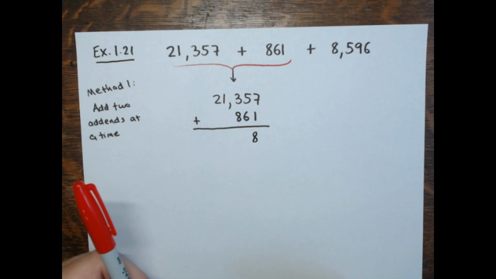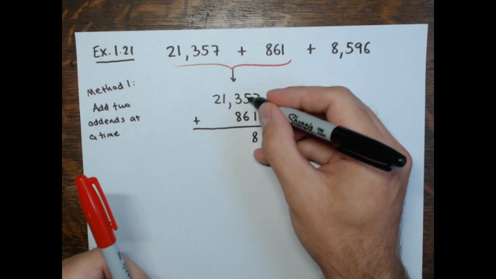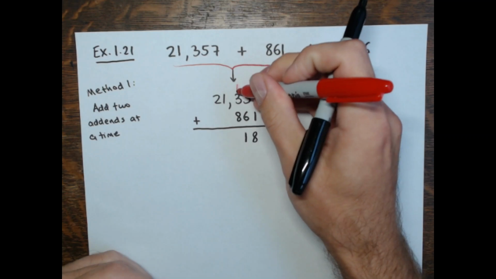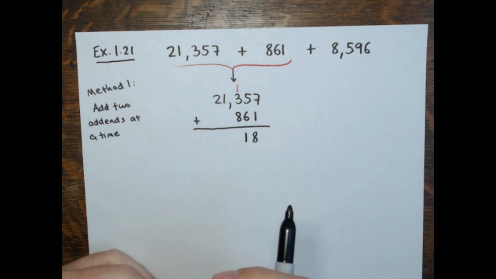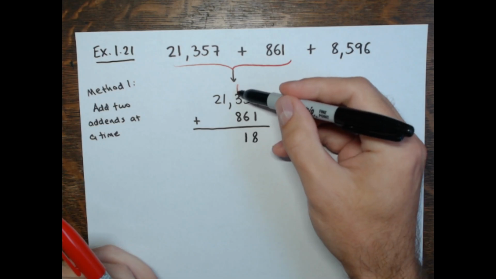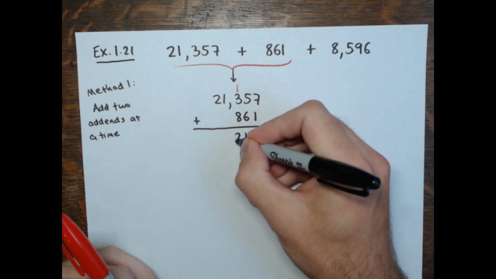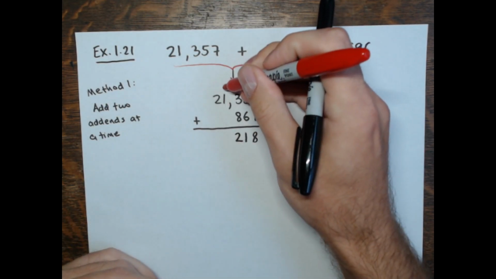There's no carrying, that's not 10 or more. Then the tens place, 5 plus 6 is 11. So that's 10 tens for 100. Then the hundreds place, 1 plus 3 is 4. 4 plus 8 is 12. So that's 2 hundreds and then 1,000.